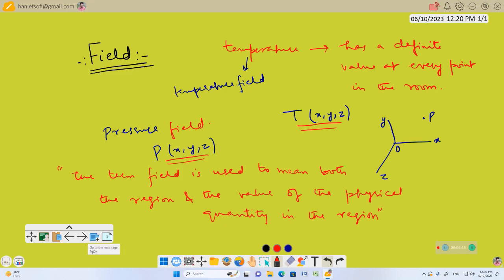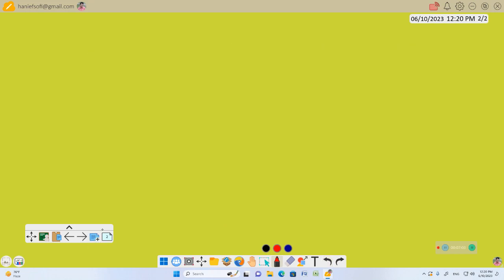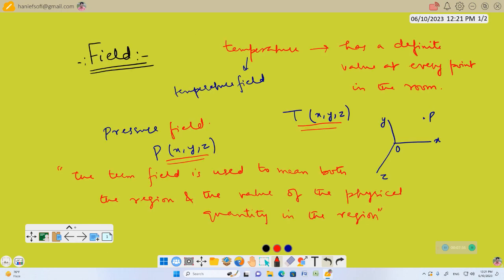Now some fields can be scalar. Sometimes we say the field is a scalar field. Sometimes we talk of a vector field, right? It is understood if the physical quantity in question is a scalar, then the field is a scalar field. If the physical quantity in question is a vector, then the field is a vector field, right?